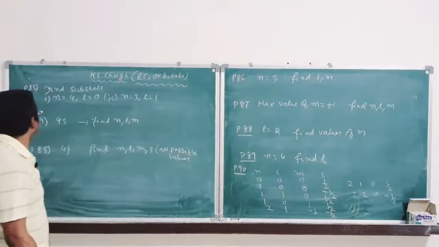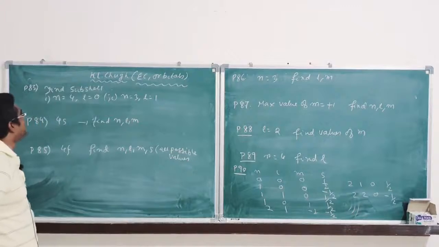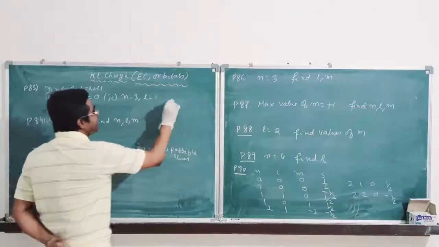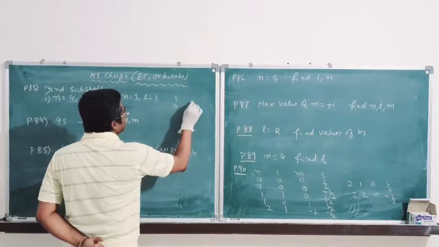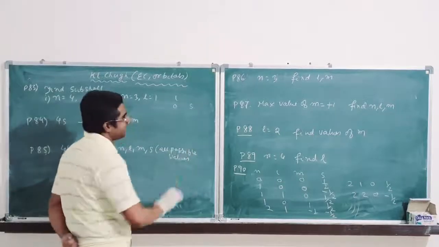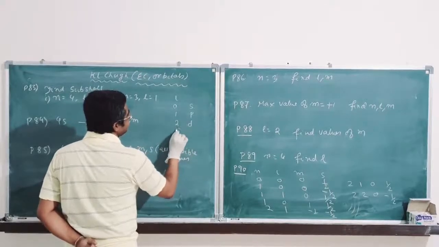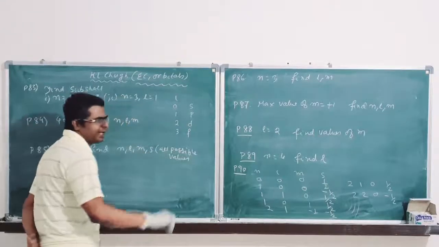First thing, find the subshell. N is equal to 4, L is equal to 0. What does L equal to 0 mean? We know very well, if L is equal to 0, the subshell is S. If it is 1, it is P. If it is 2, it is D. If it is 3, it is F. That will be enough for us, right?